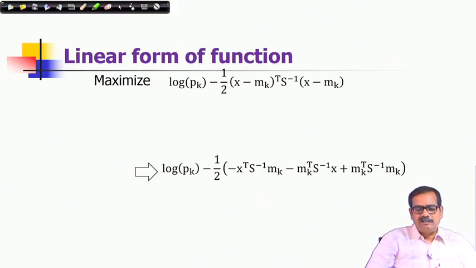We need to maximize this value. In between there are some steps, I will show them. There are two components in those operations which you need to maximize. One is the prior component, log of p k, and the other comes from the likelihood part.